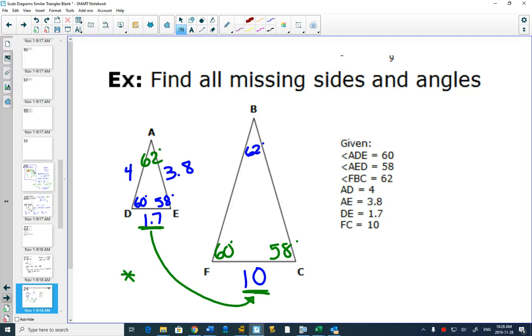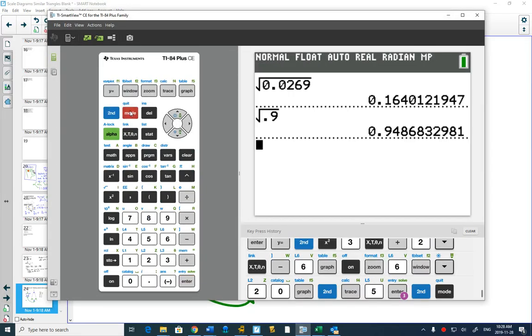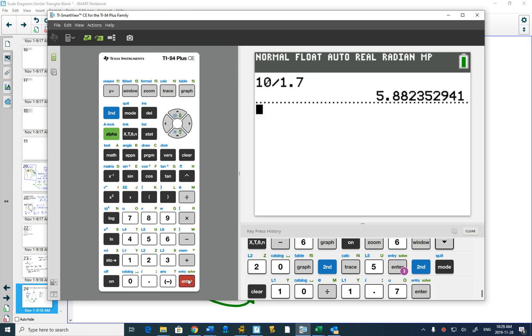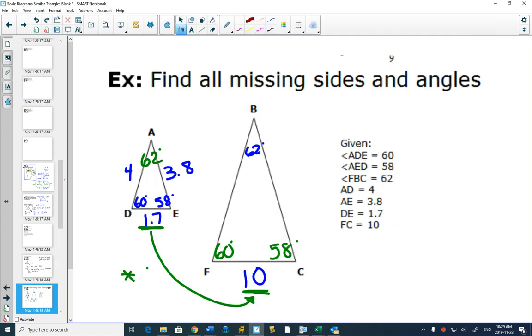Well, I take out my calculator and say, well, if I take 10 and divide it by 1.7, I'll figure out what I need to multiply by. 5.88235291. Wow. So I'm multiplying by 5.88 to get that side.